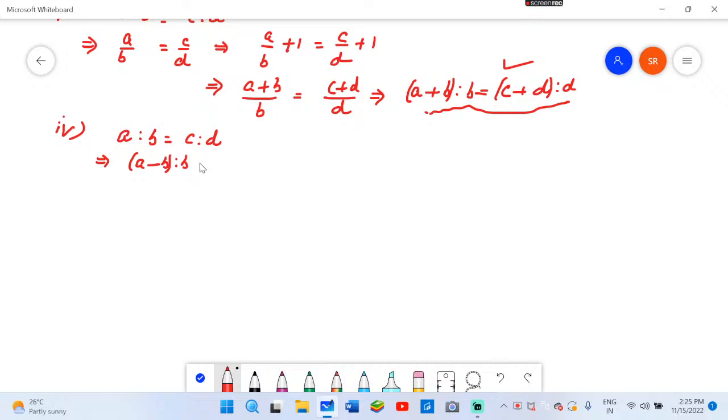A minus B is to B is same as C minus D is to D.